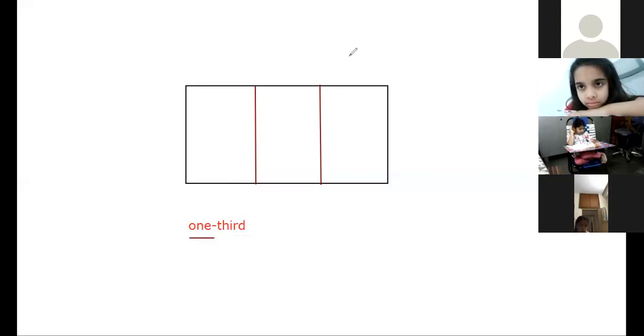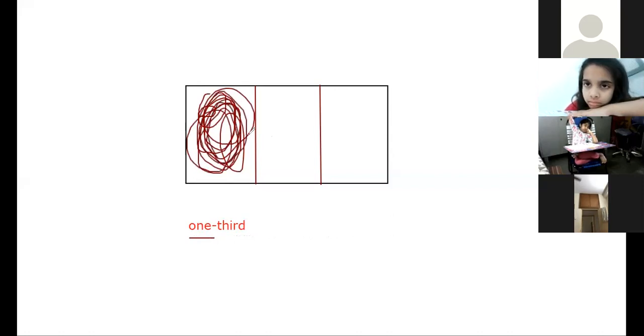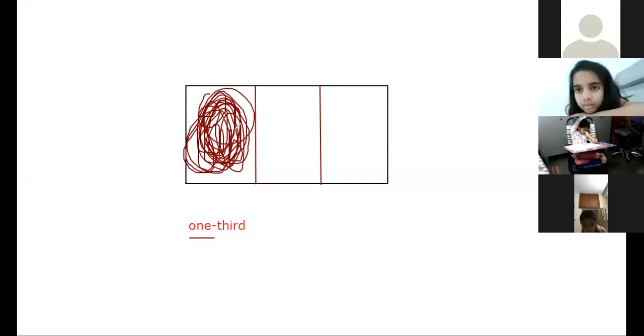This means that out of these 3 parts, you will color only 1 part. Okay, is this clear? It's 1/3. 1/3 means out of 3 you will color only 1. Fine?